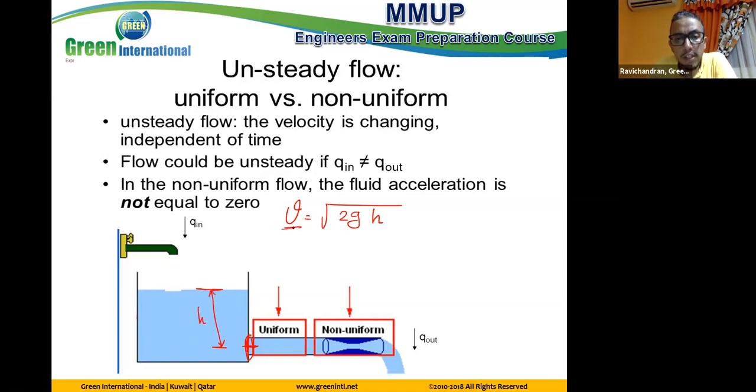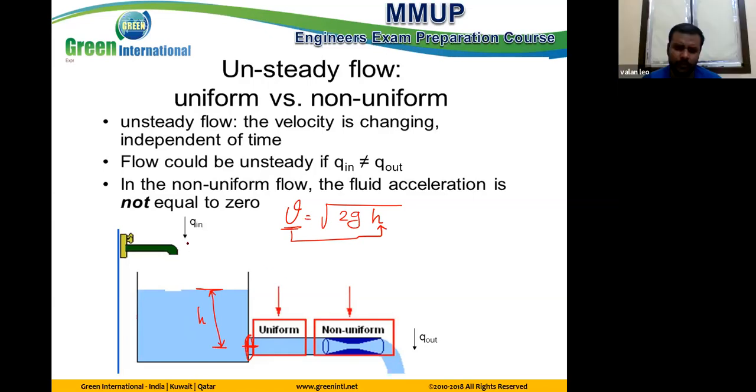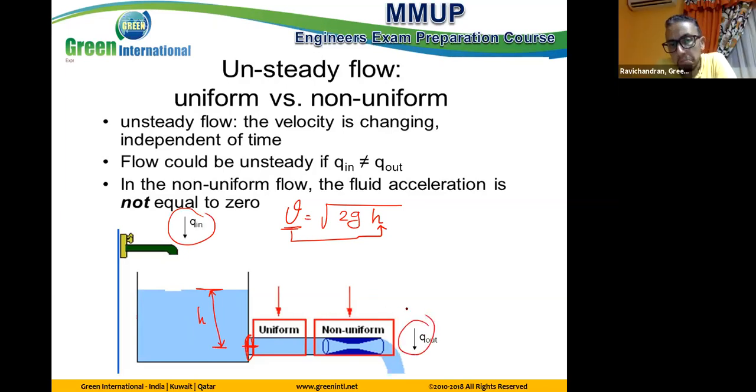So the velocity is directly proportional to what? Yeah, the h. And according to Q in and Q out, whether Q in equals Q out, or Q in is more than Q out, or the reverse, whatever, the h varies, correct? If the h varies, the velocity varies also.